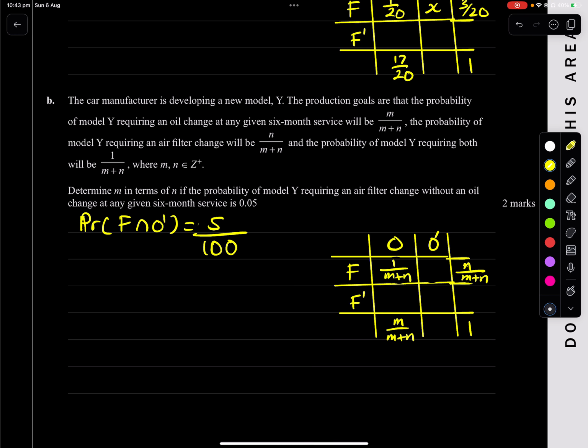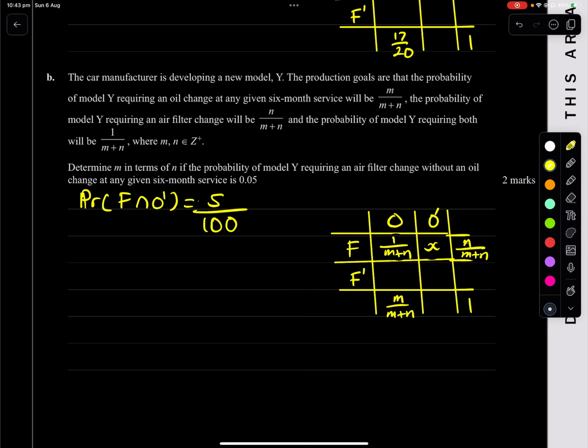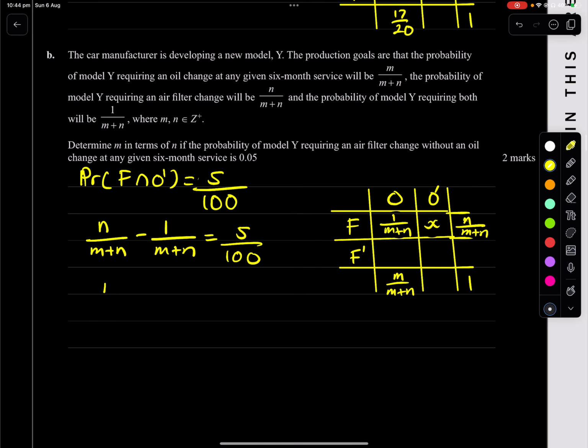Okay, and we want to find F, so this value over here, which is what? It's pretty much n over m plus n minus 1 over m plus n. It must equal 5 over 100. This can be written as n minus 1 over m plus n equals 5 over 100.